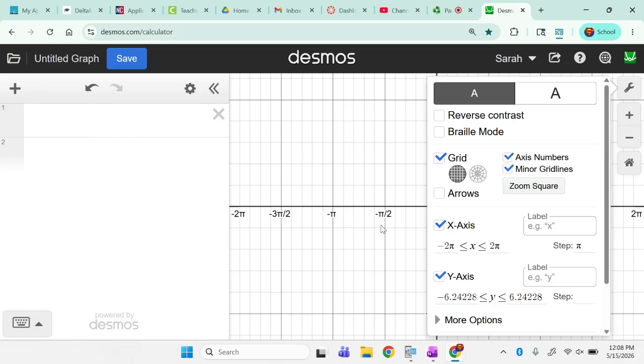Or you guys good? So hit the wrench key where it says x-axis. You're going to do from negative 2 pi to 2 pi, and then next to it should say step. You're going to put a pi. So it looks like what's currently on my screen.